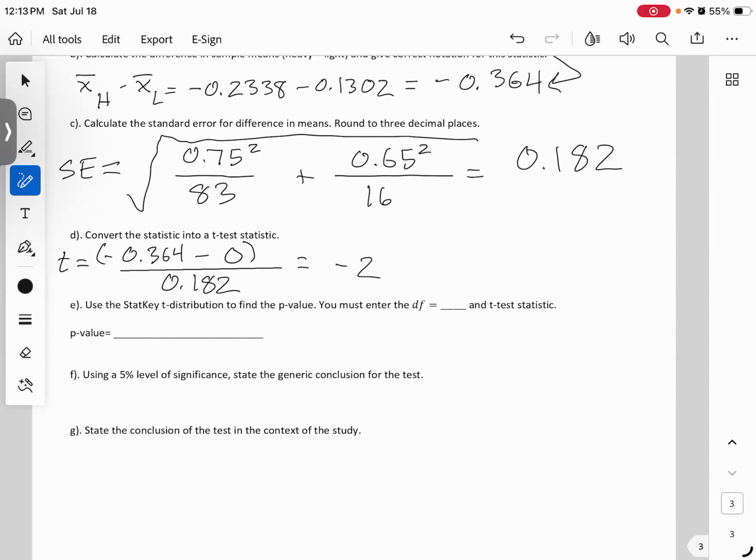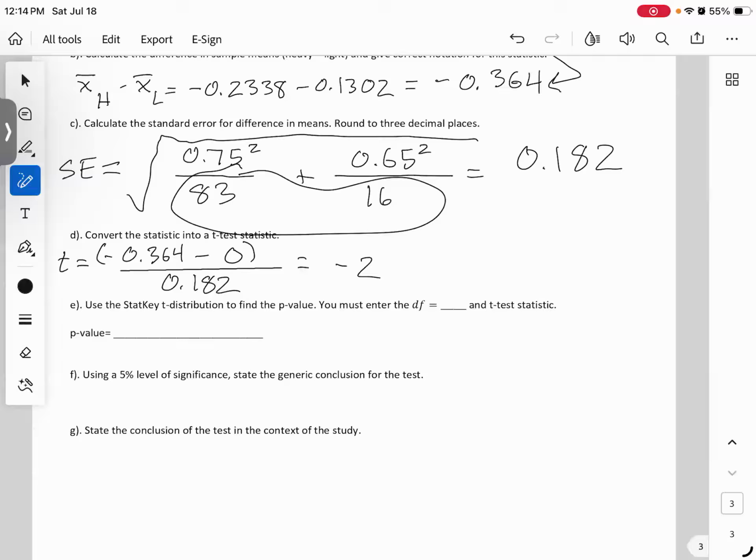And that's negative, which is good because we're doing a left tail test. For the t distribution, you are going to need degrees of freedom. Because there's two groups, and these are the two group sample sizes, you've got an 83 and 16. Remember, you'll have to make a little note on your reference sheet.